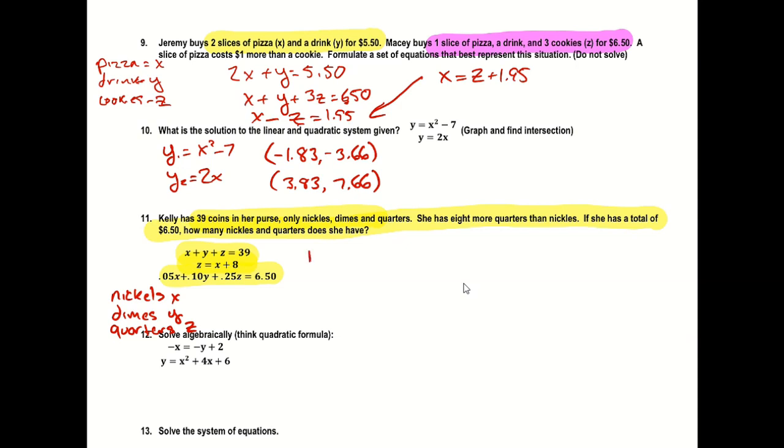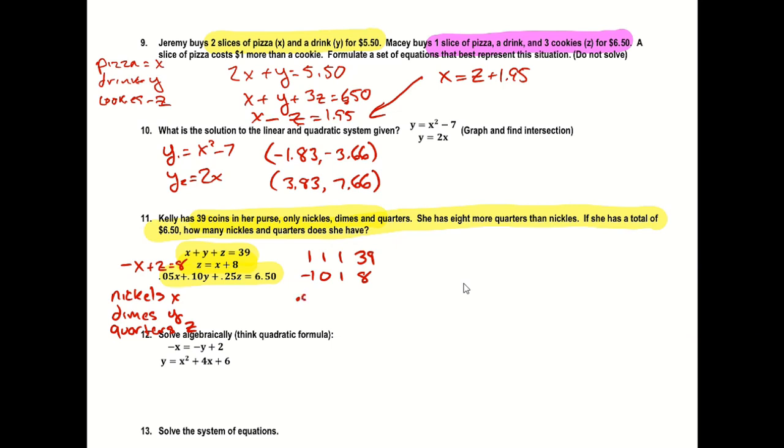So we have 1, 1, 1, 39. We need to rewrite this second equation. So we're going to subtract x from both sides. So this becomes negative x plus z equals 8. So we have negative 1, 0 because we have no y, 1 for z, 8.